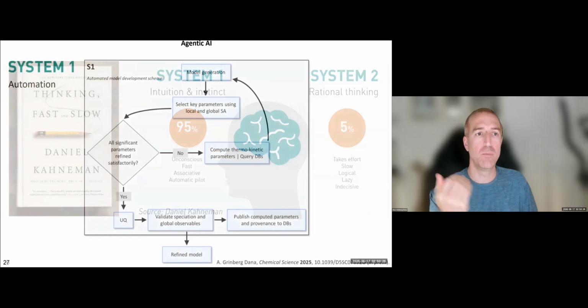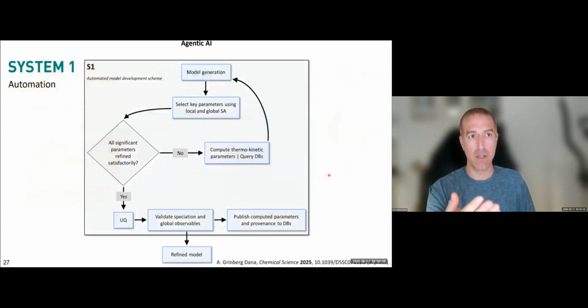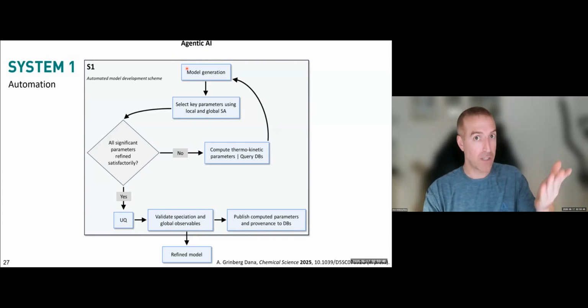System one is the automation layer, and here it is. We've been working in our field for years now to develop this automation layer. Briefly, what it has is a model generation software, so we can think about that as RMG, the reaction mechanism generator that I just showed.